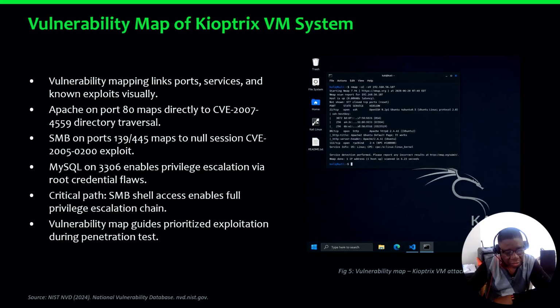MySQL on 3306 enables privilege escalation via root credentials. Critical path: SMB share access enables a full privilege escalation chain. The vulnerability map guides us to prioritize exploitation during the penetration test.